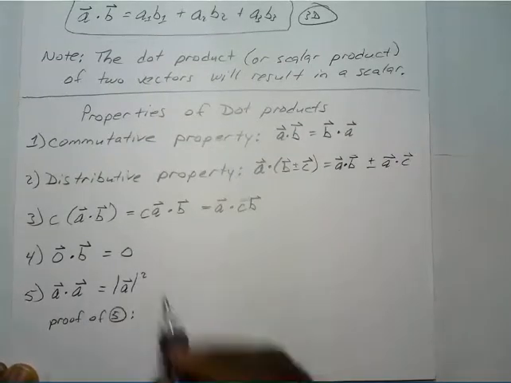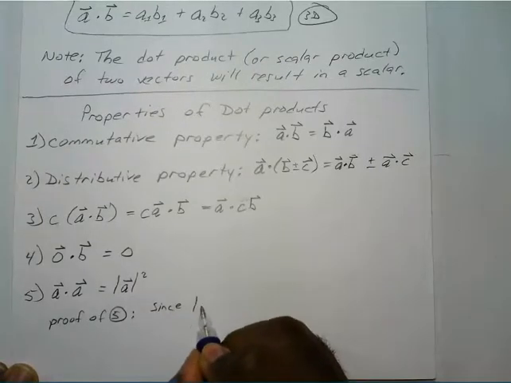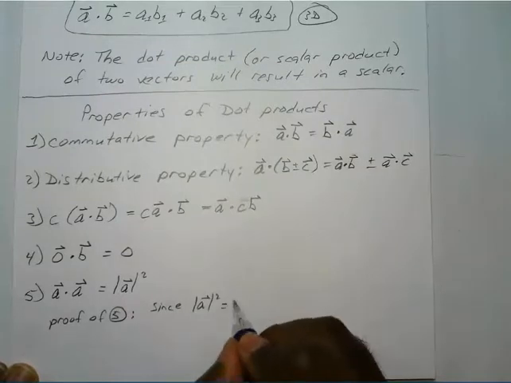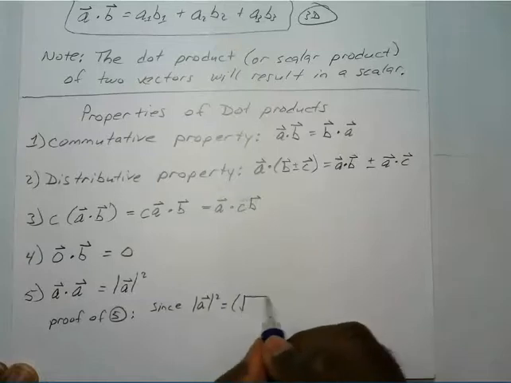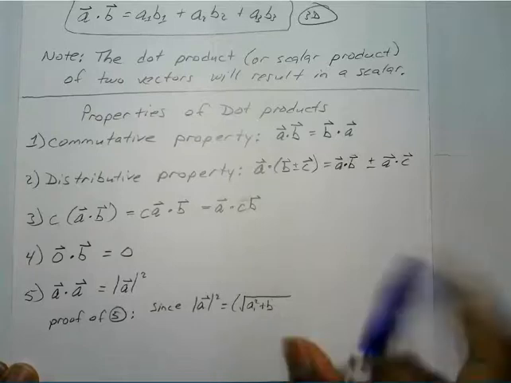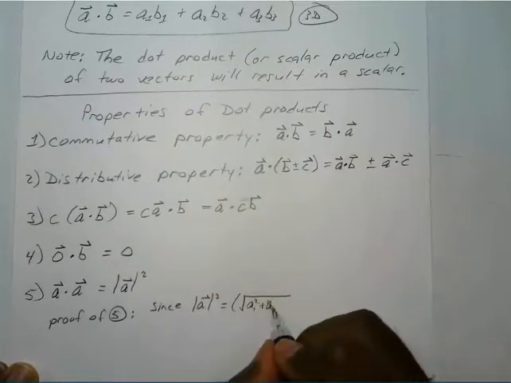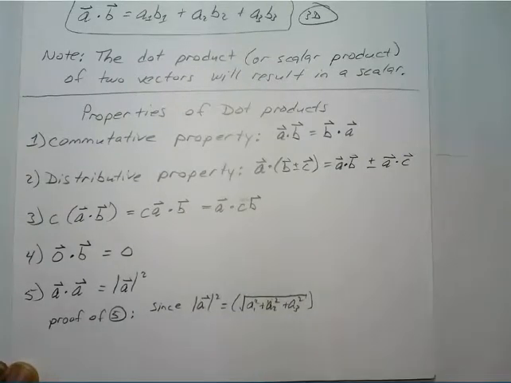Starting at this end, we already know that the magnitude of a vector squared is equal to the magnitude, which is just the square root of the first component squared plus the second component squared plus the third component squared, and that whole thing is squared.